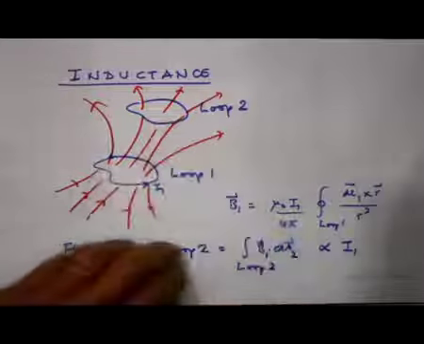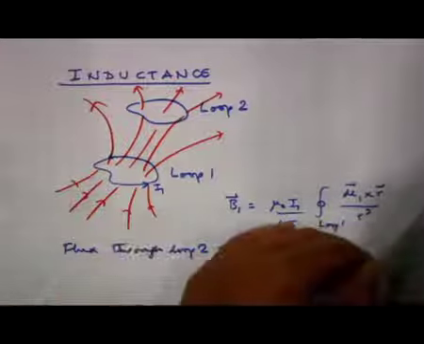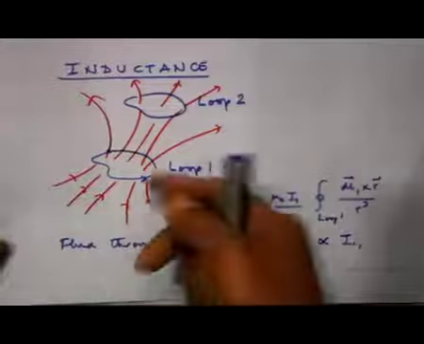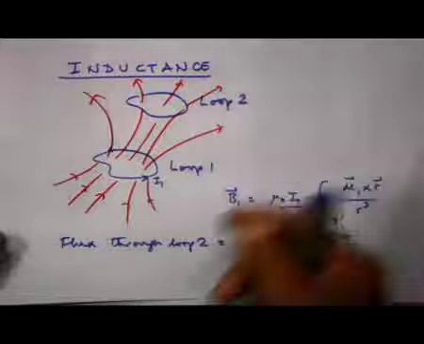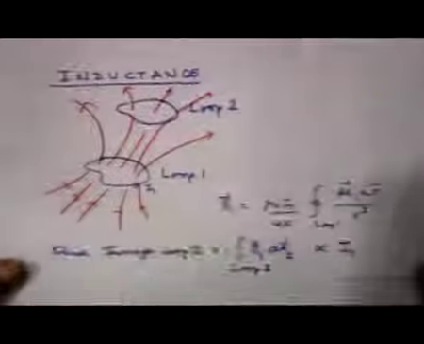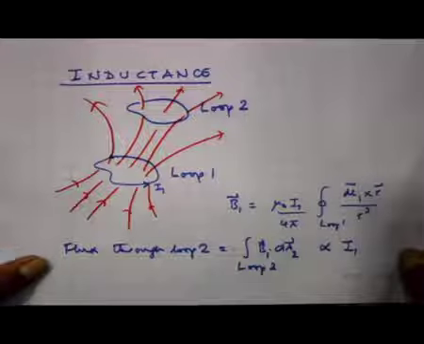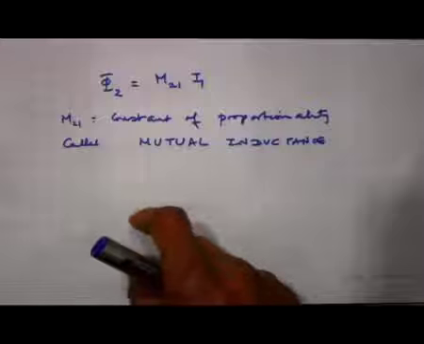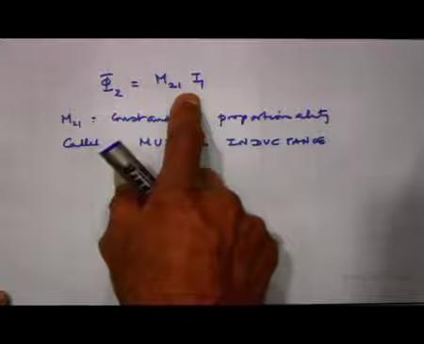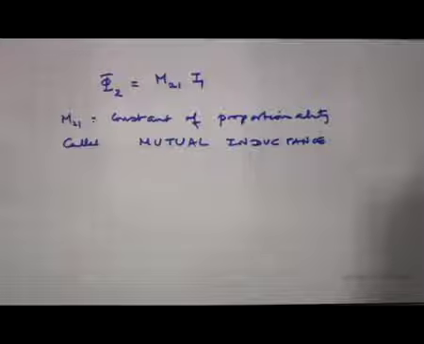So, it is a mutual relationship between these two loops, and M 2 1 is a constant which depends on the orientation of the two loops, the position, the geometry, the shape, the area, etc. The flux passing through loop 2 is proportional to the current passing through loop 1, and this proportionality constant is called mutual inductance, and this is a very important quantity. So, let me look at an example of this mutual inductance.